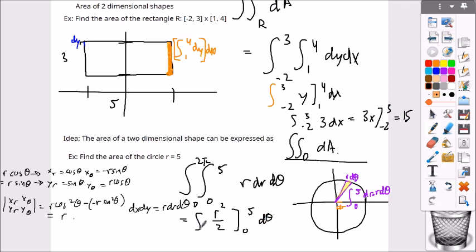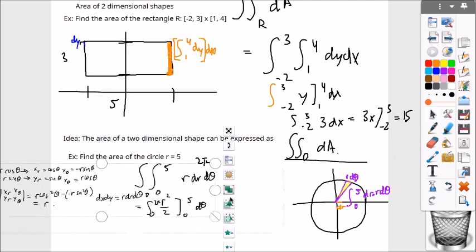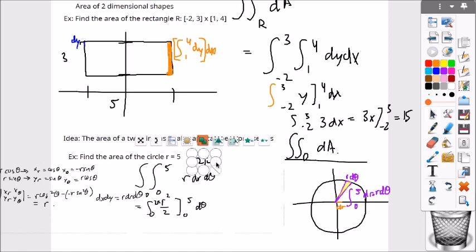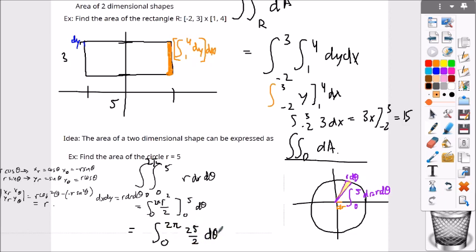So I'm going to put down all of the 0 to 2 pi stuff as well. Let's shift this to the right here. And what does this mean? This is equal to the integral from 0 to 2 pi of 25 over 2 d theta, which is simply just a multiplication.